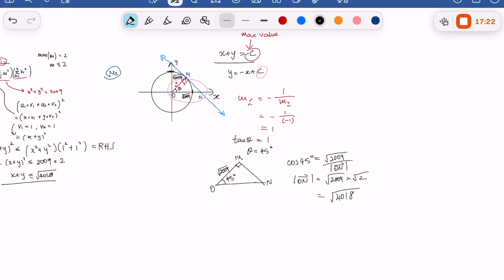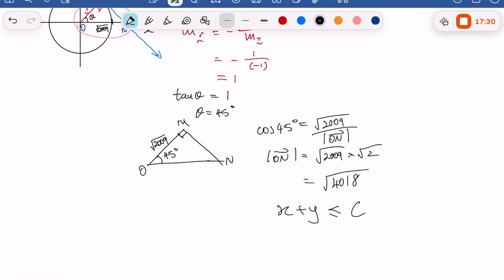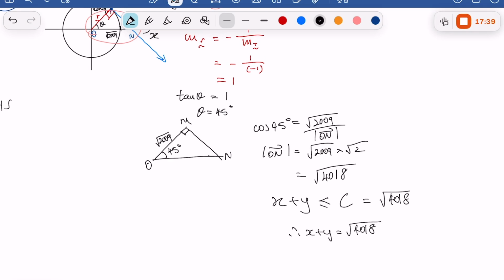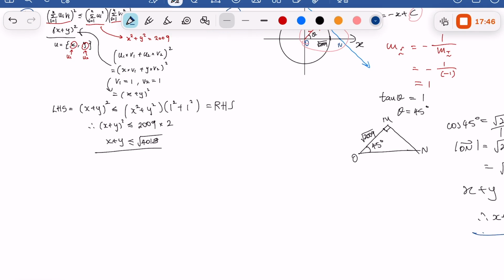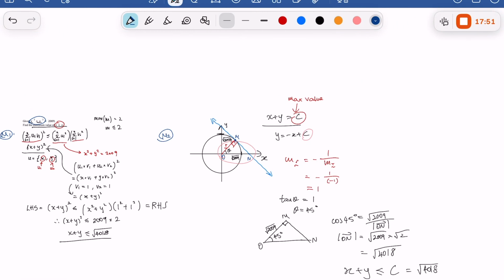And since c is the maximum value of x plus y, so x plus y is smaller than or equal to c, which equals square root 4018. Therefore, the maximum of x plus y is square root 4018. This gives us the exact same answer as we got with Cauchy-Schwarz.